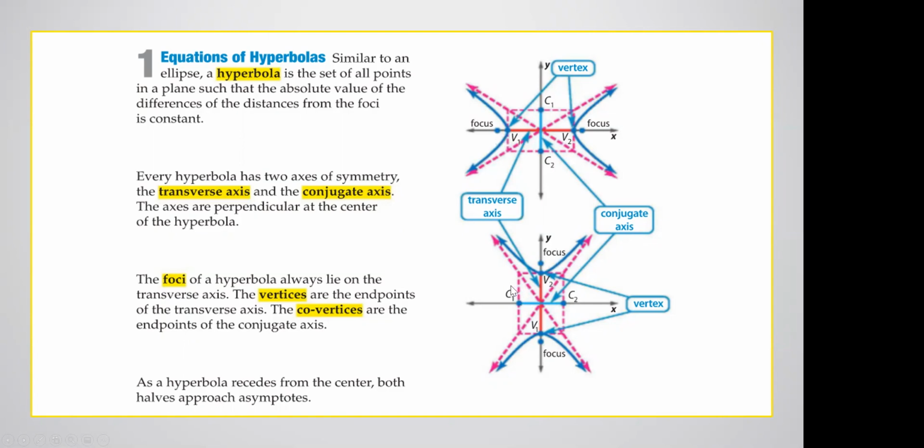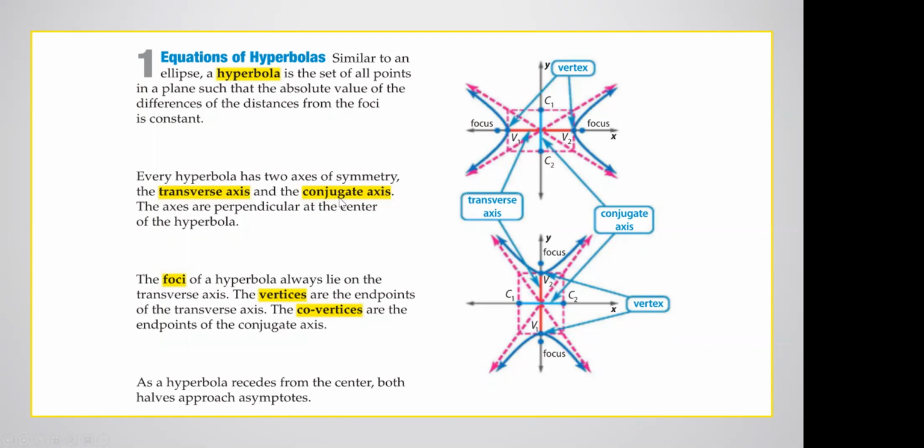And then you have what are called the two axes of symmetry, and those are called the transverse axes. So that would be this one here, and over here would be this one here, and this one here. Basically, the transverse axes enclose the hyperbolas, okay?